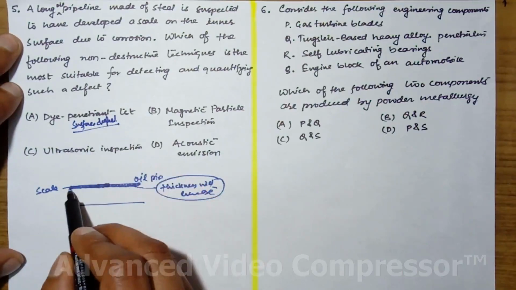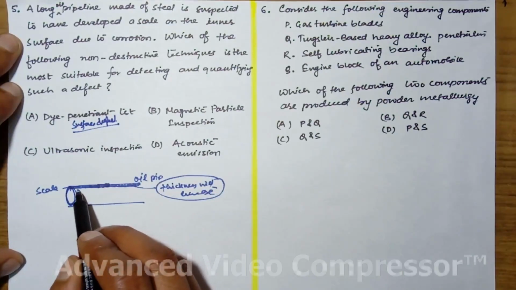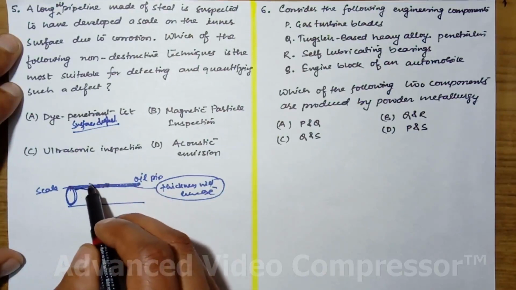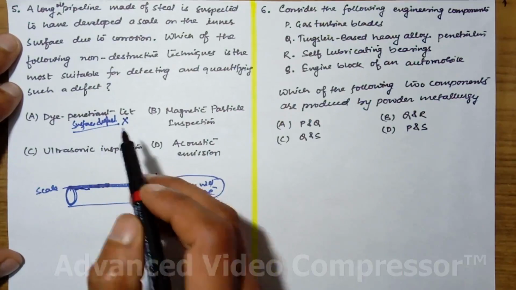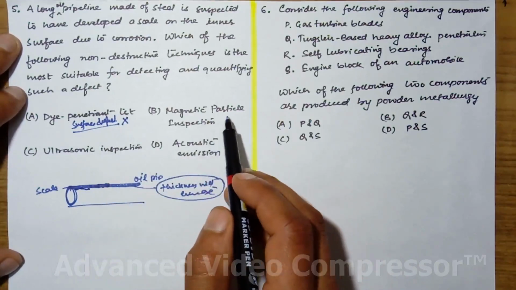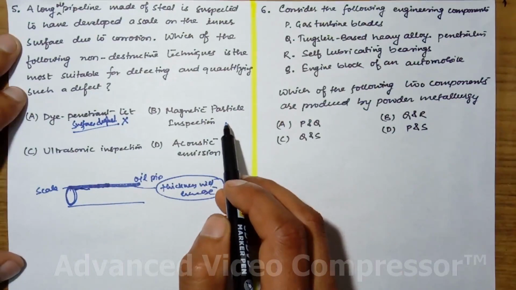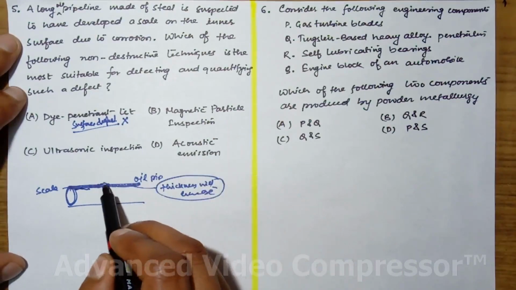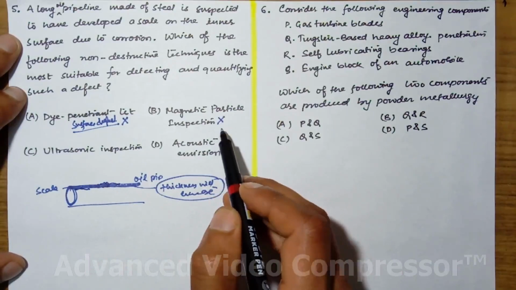Here, since it is an oil pipe and corrosion is taking place on the inside, not on the surface, this method will not be used. Magnetic particle inspection is also done for top surface defects, so this will also not be used.